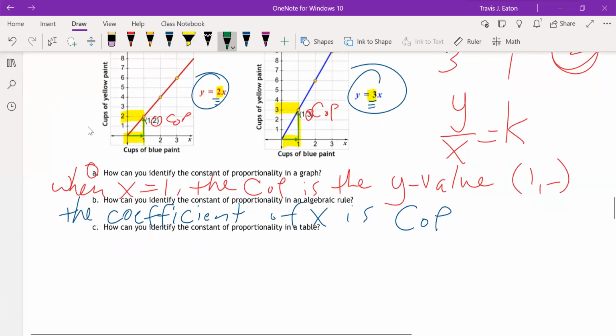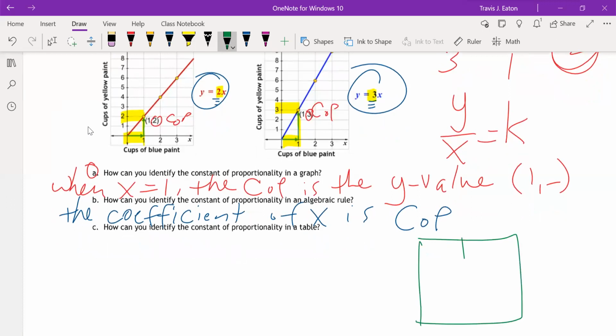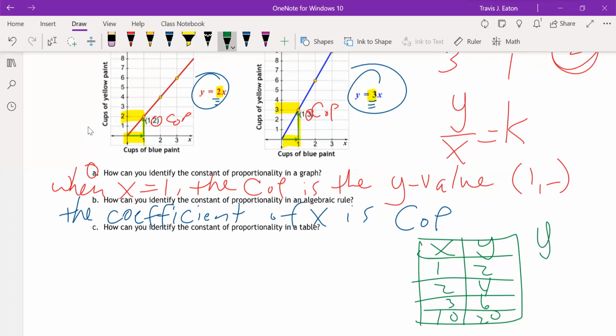Now, remember when we were dealing with tables and we had a table of values? We had x and y values. If this was 1, this was 2; this was 2, this was 4; this is 3, this was 6; if this was 10, then this was 20. In order to find the constant of proportionality in a table, you take the y value and divide by the x value. And that will always give you your constant, the COP.